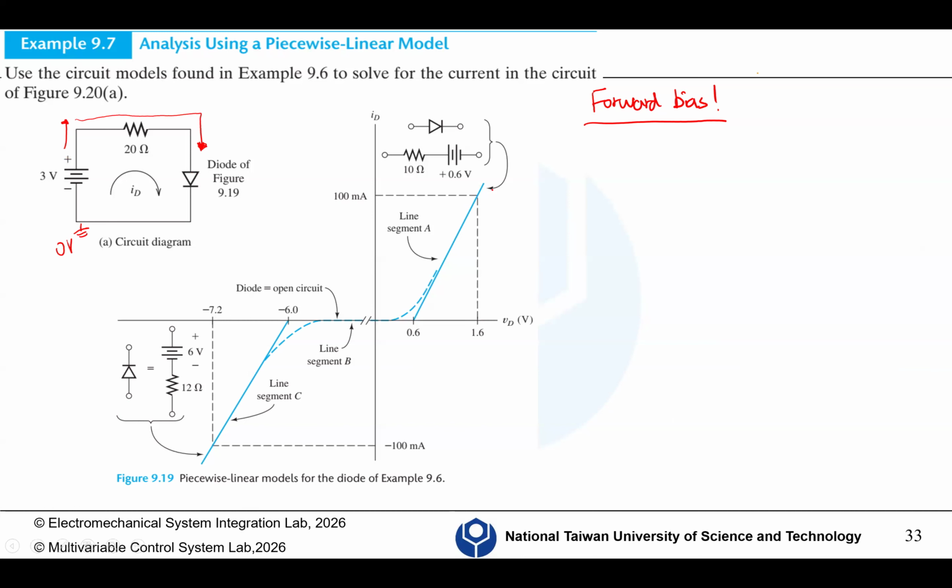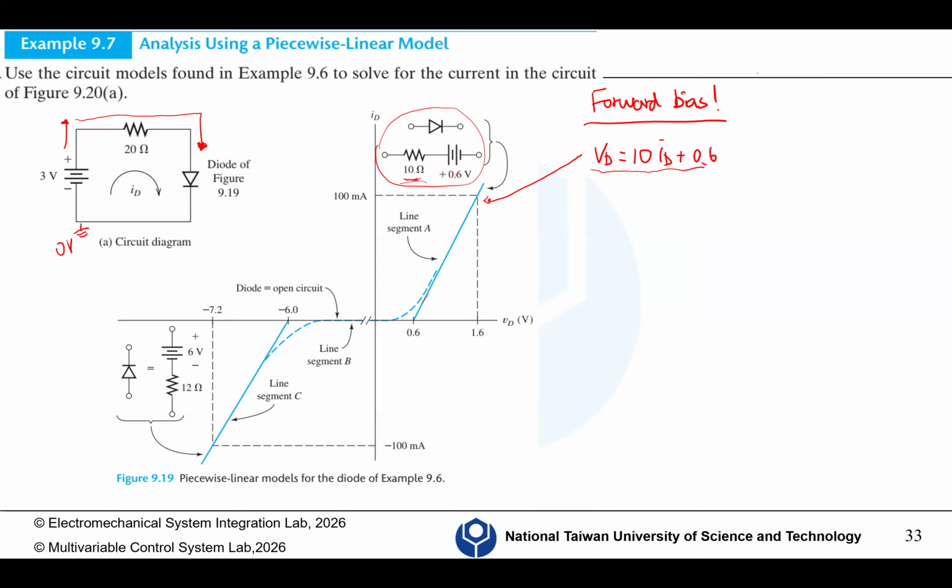Since it's under forward bias, we find this line. Previously, in the previous example, we already found this line equation. This line is actually here. So this line equation is VD equals 10 ID plus 0.6.